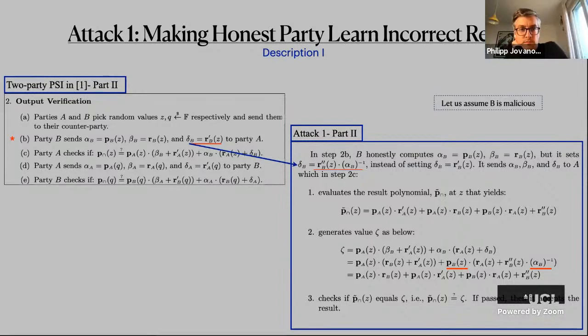Therefore, we always have a multiplicative inverse of the evaluation of the polynomial on something, as long as it is non-zero. Okay.